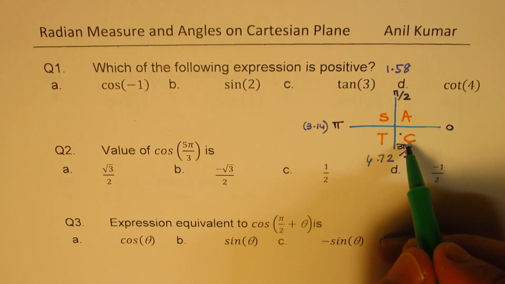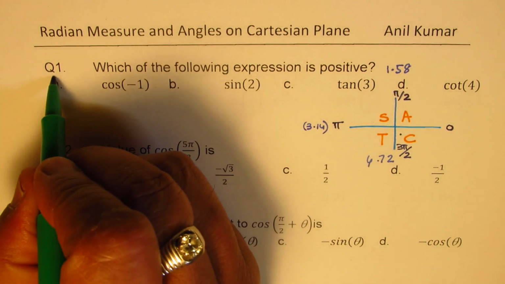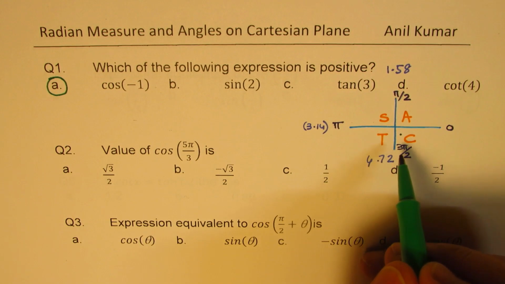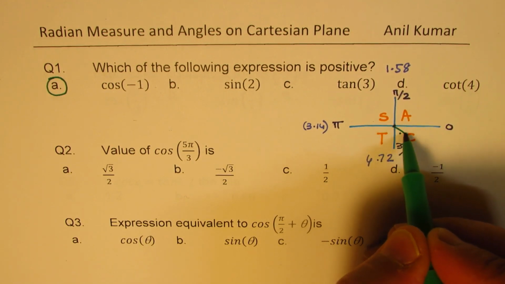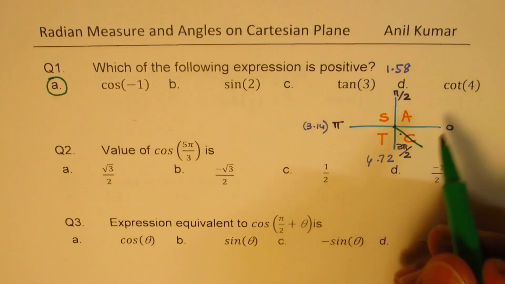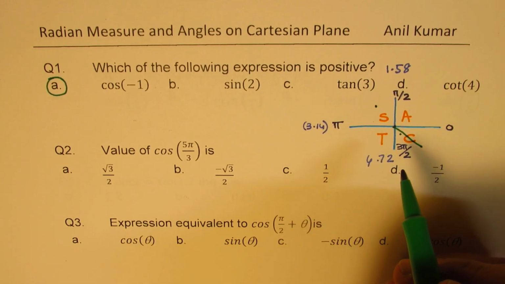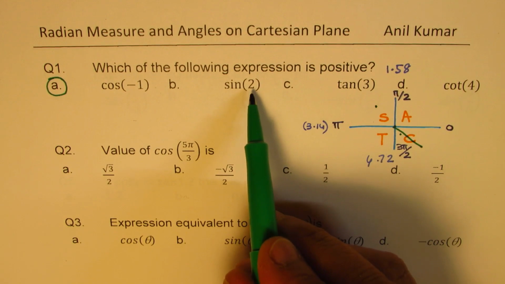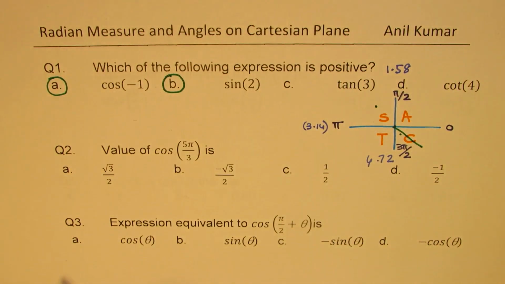Here cos is positive. So this is positive, since it happens to be in quadrant 1. Sine 2 will fall here, and sine of 2, which is more than this, should also be positive.